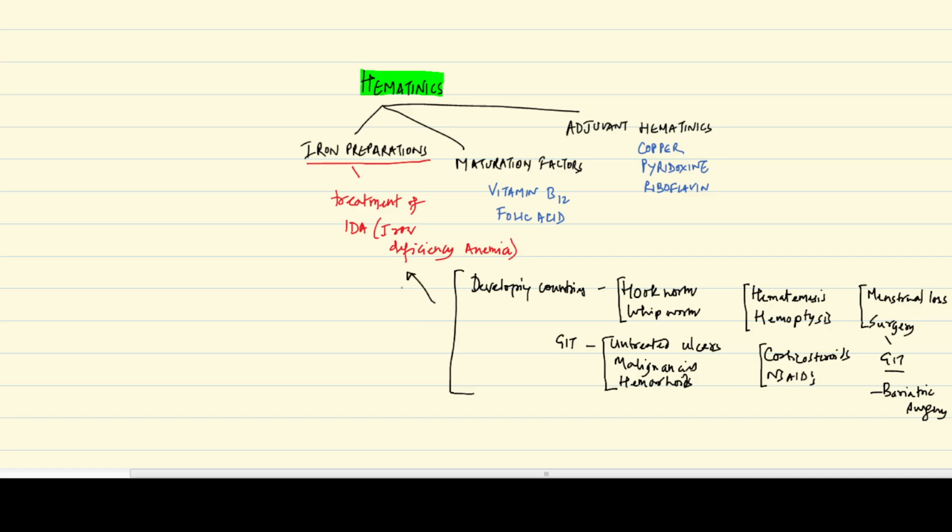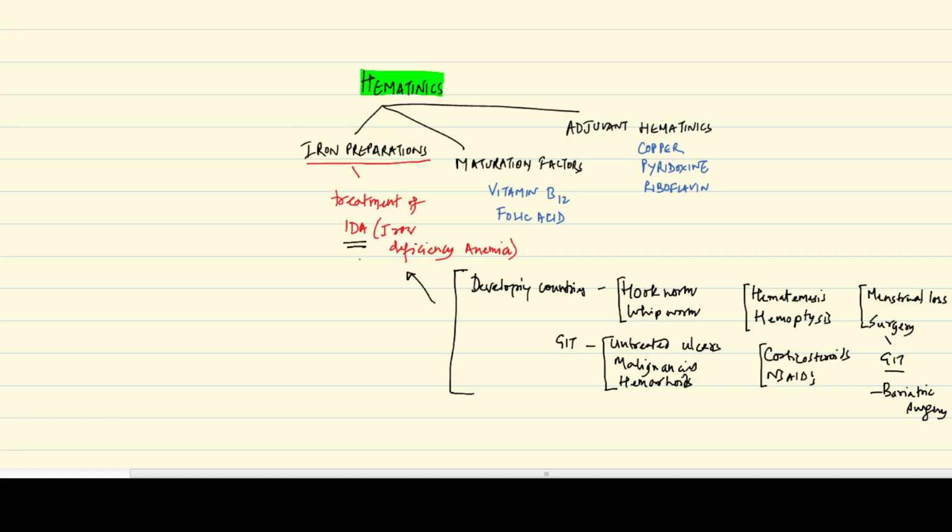Okay? So before the patient is treated with iron preparations for iron deficiency anemia, one has to rule out or treat the underlying pathology, if any. Okay? So only when these pathologies have been addressed should one go ahead and prescribe iron preparations.